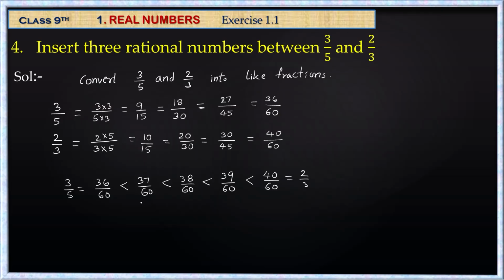So we have inserted these three rational numbers between 3 by 5 and 2 by 3. This is the answer. Next problem.